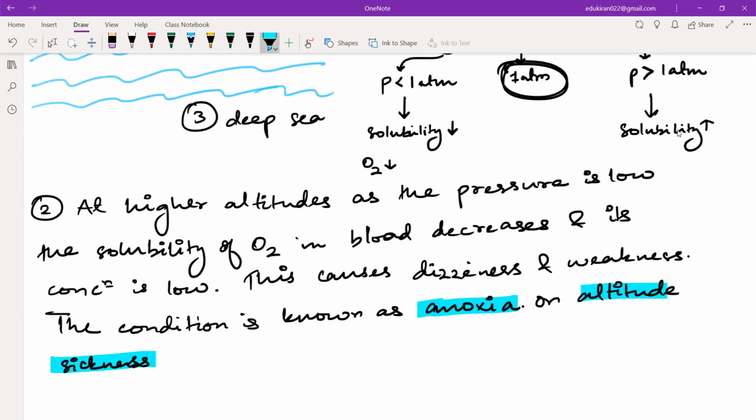Please write this down. जल्दी लिखिए इसको. At higher altitude, as the pressure is low, the solubility of O2 in blood decreases, and its concentration is low. This causes dizziness and weakness. The condition is known as anoxia or altitude sickness.